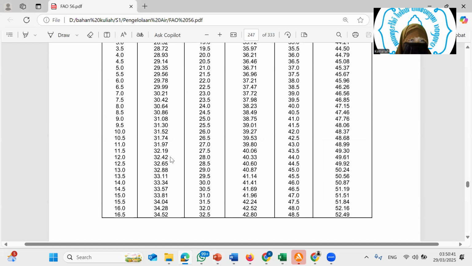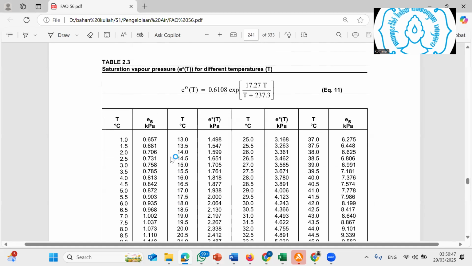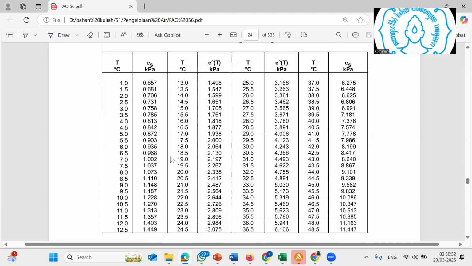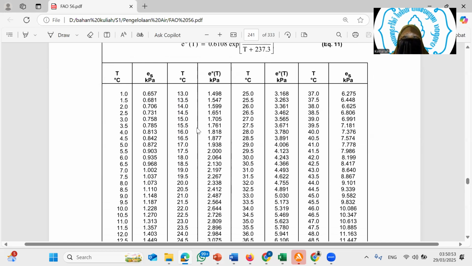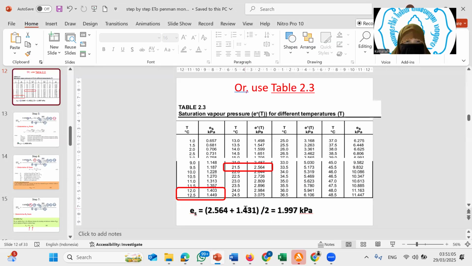Table 2.3. Okay, so we got the number, and this is table 2.3. And then next we got this ES.